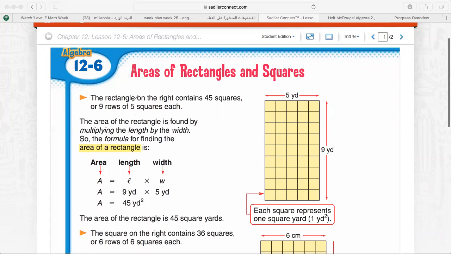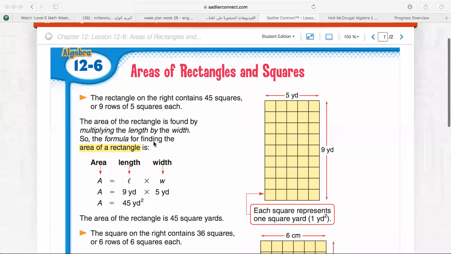So the rectangle on the right contains 45 squares, or 9 rows of 5 squares. 9 rows, each row has 5 squares. The area of the rectangle is found by multiplying the length by the width.